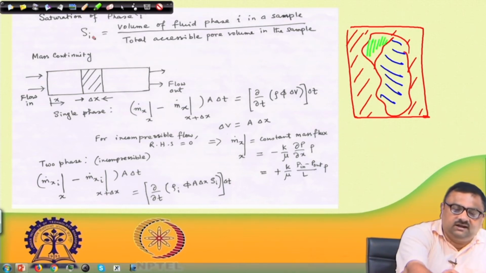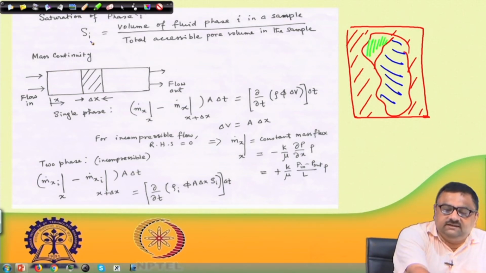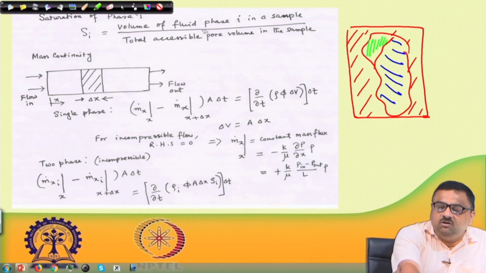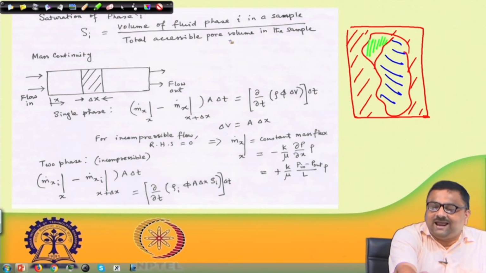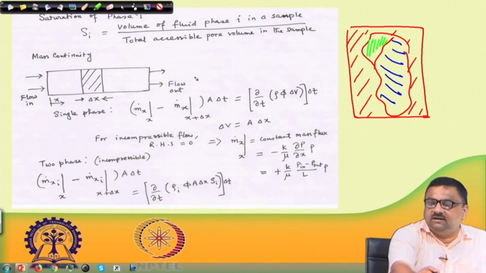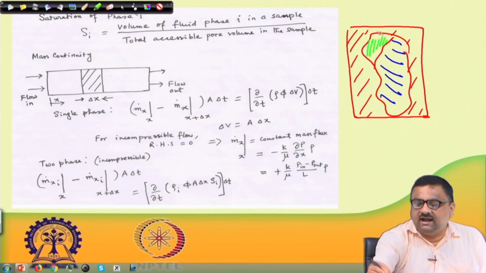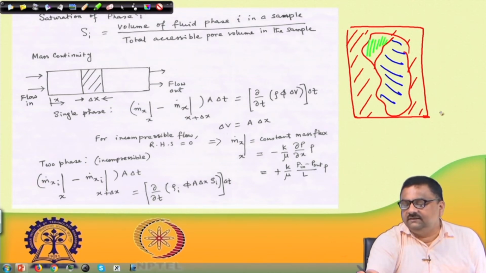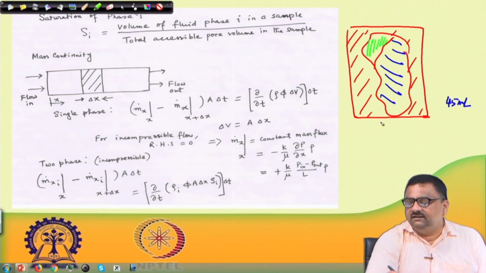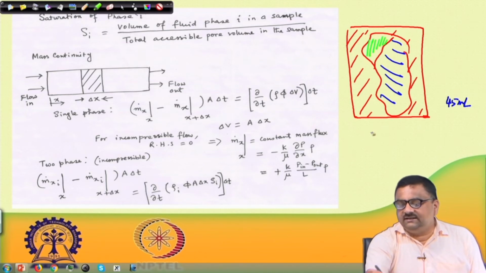Saturation of phase i is equal to volume of fluid phase i in a sample divided by total accessible pore volume in the sample. That means, let us say this total accessible pore volume is 45 ml. Out of that, this green one is, let us say, 5 ml.